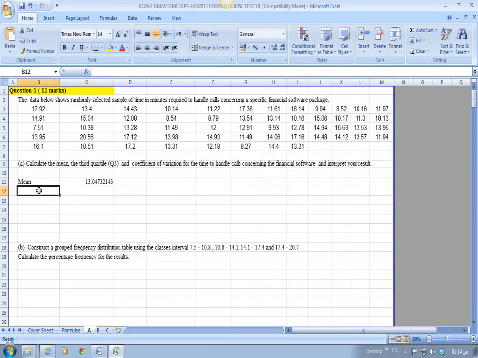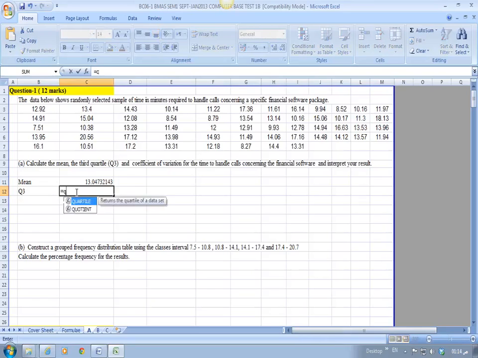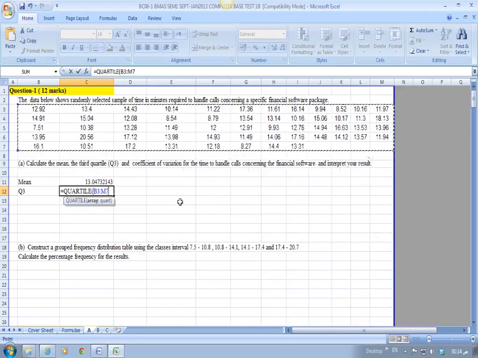Second part, Q3. The formula for quartile is quartile, so it is equal QU, and then you see here quartile. Double click it, the computer will complete that for you. Highlight the data, and here quartile array, comma, that means that quartile and the data is here, and next to that there is semicolon.